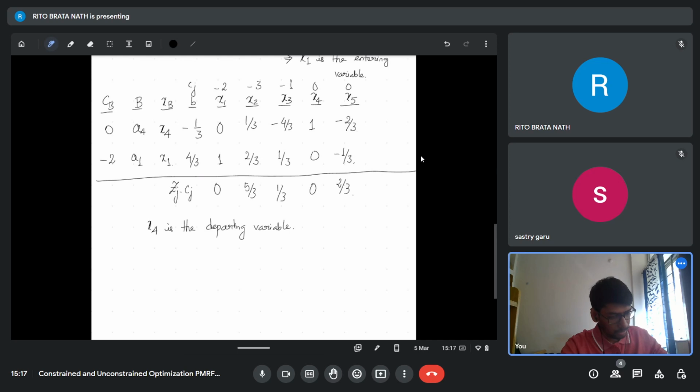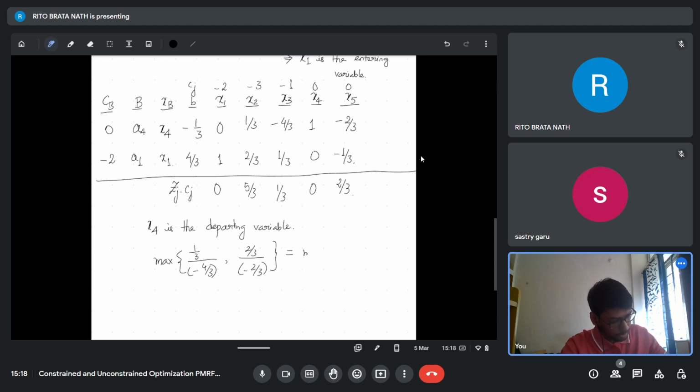And now you have to check which one should be the entering variable. So for that, as before, you check which one is having a negative coefficient. So this is 1 by 3 divided by minus 4 by 3, and the last one, it's 2 by 3 divided by minus 2 by 3.